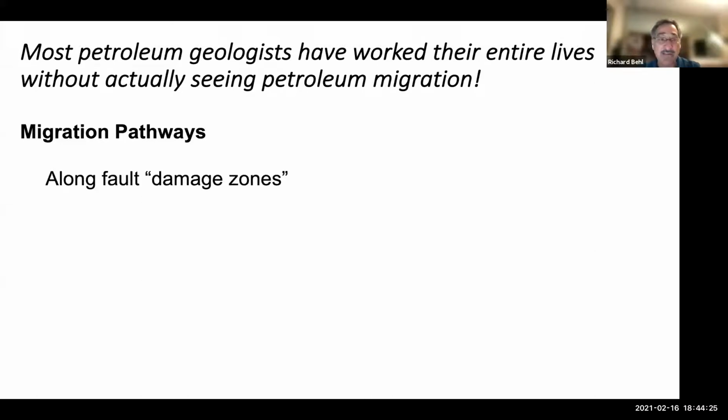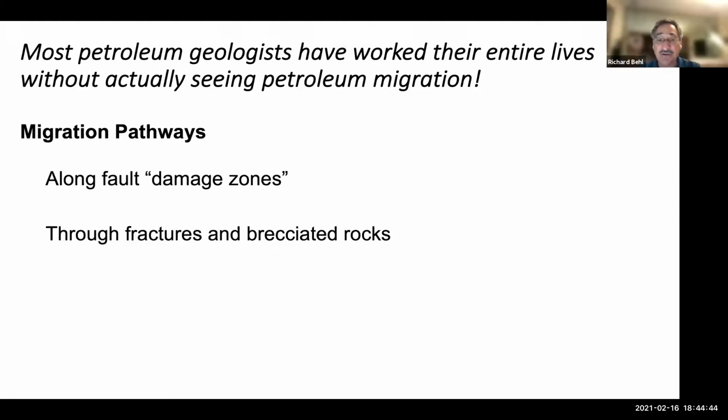So there's a number of different migration pathways. One is along the damage zones that are adjacent to faults. And we're going to see how that really isn't usually along the fault themselves, but it's along the fractured rocks that are straddling the fault, on either side of the fault.